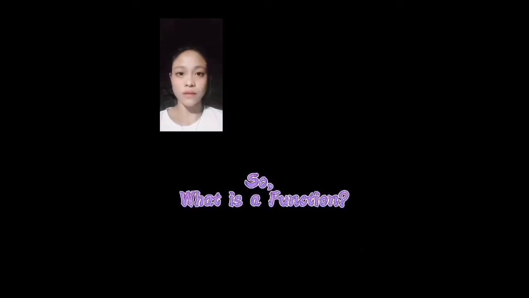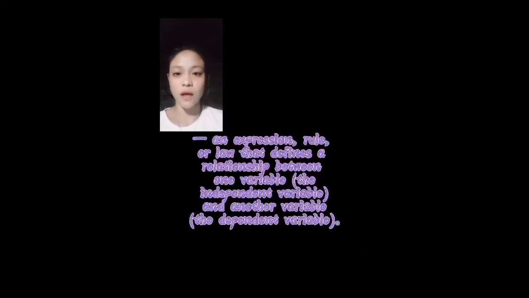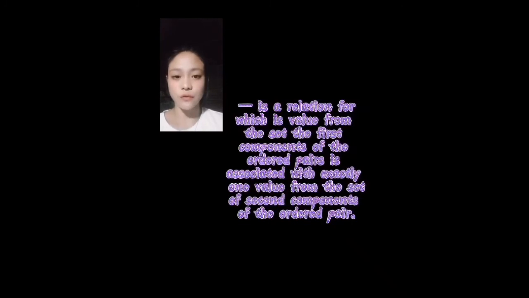So, what is a function? An expression, rule, or law that defines a relationship between one variable, the independent variable, and another variable, the dependent variable, is a relation for which each value from the set of first components of the ordered pairs is associated with exactly one value from the set of second components of the ordered pairs.